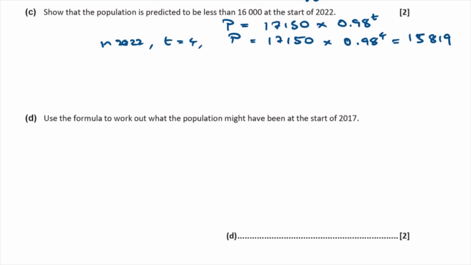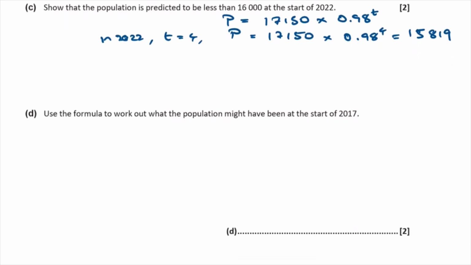Right, now we've got a final part of the question. It says, use the formula to work out what the population might have been at the start of 2017. Can we do that? So, if in 2018 T was 0 and in 2019 T was 1, I assume in 2017 T is going to be minus 1.